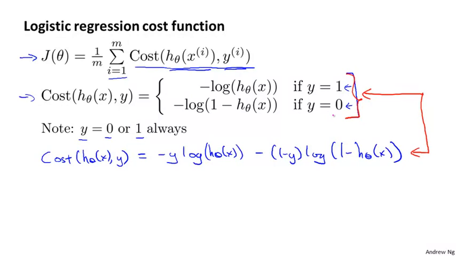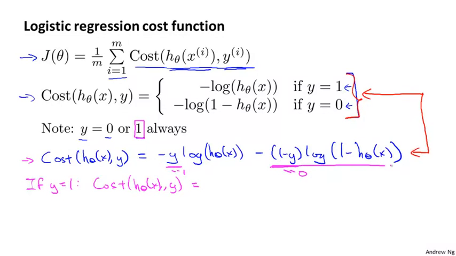We know that there are only two possible cases. y must be 0 or 1. So let's suppose y equals 1. If y is equal to 1, then this first factor is equal to 1, and 1 minus y is 1 minus 1, which is therefore 0.